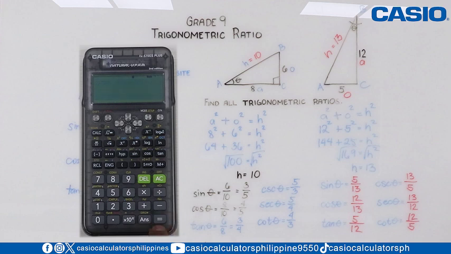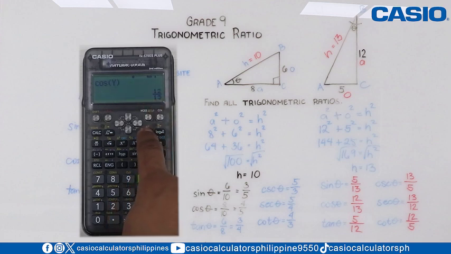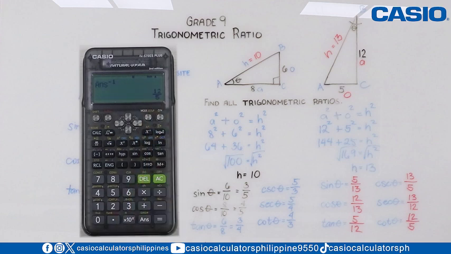So we have our cosine theta, which is 12 over 13, the reciprocal, which is secant theta, is 13 over 12, tangent y is equal to 5 over 12, and the reciprocal, which is the cotangent theta, is 12 over 5. So take note, in using this calculator technique, you should always be mindful which is the adjacent and the opposite side to use the polar function accurately.